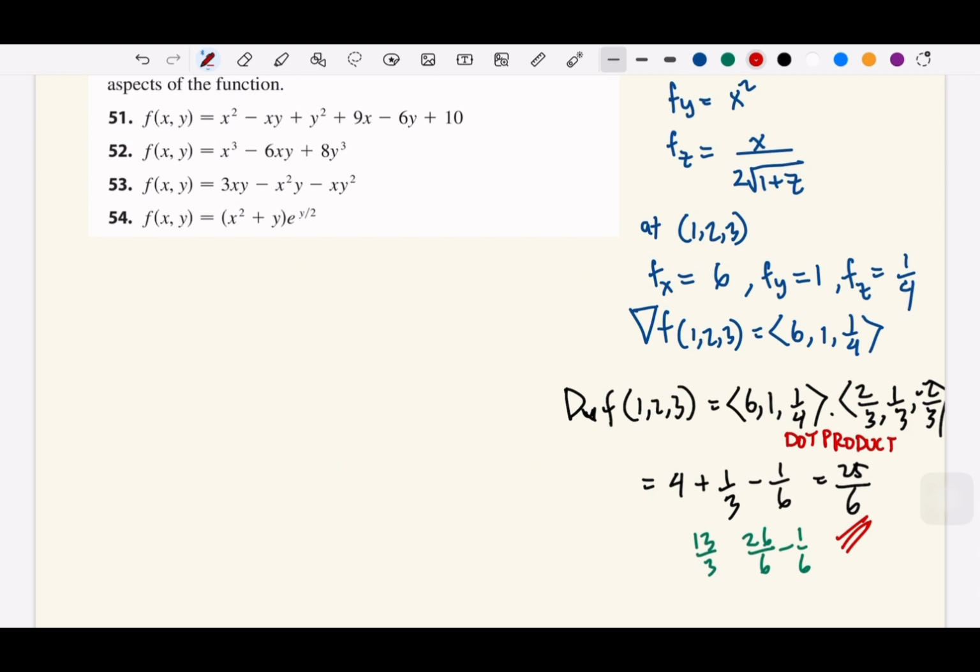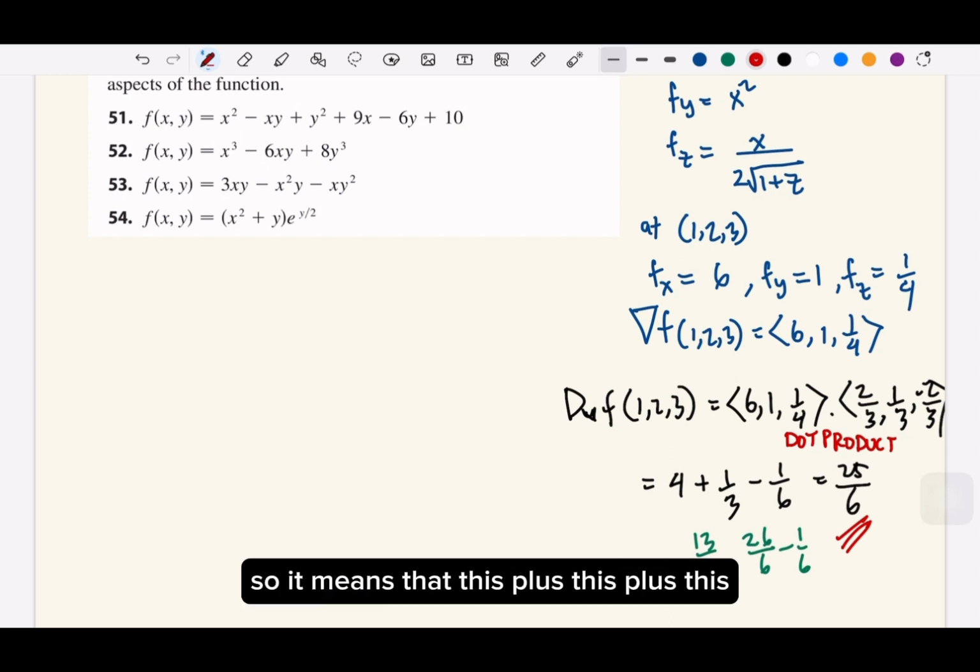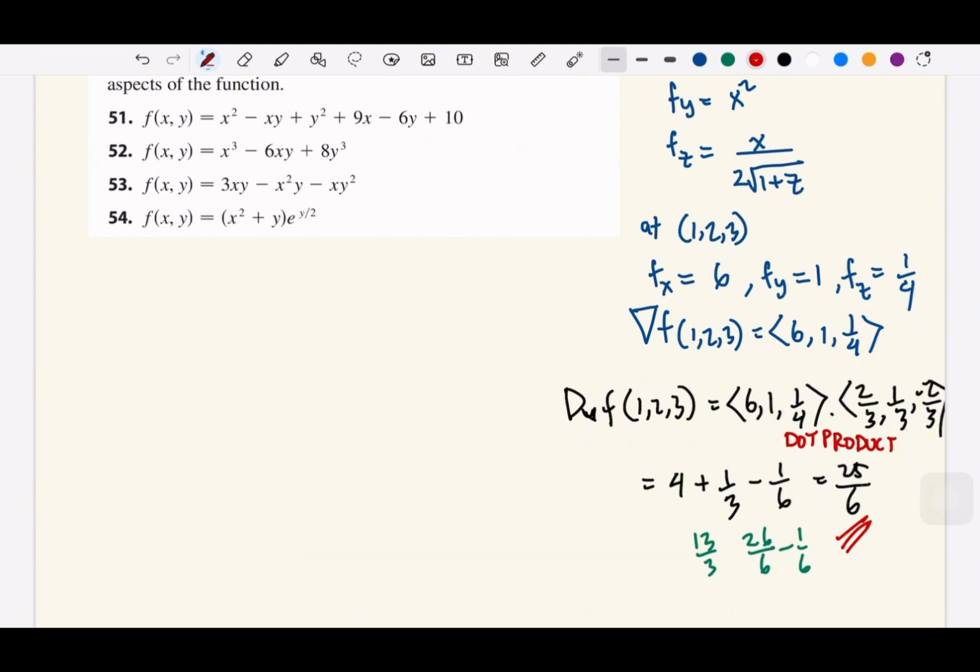So after we multiply the i, j, k components of each other, we just add them together for the final answer. Yeah, this is the dot product, which means this plus this plus this.